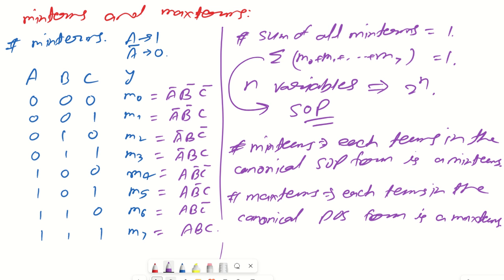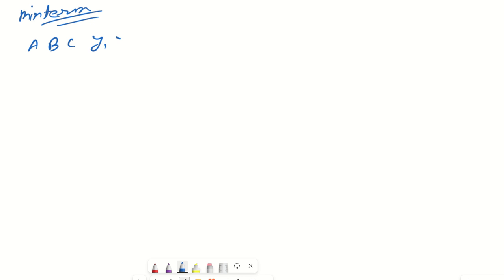Before that, we will write down the min term expressions very quickly. Let me give you an example. Let us say we have A, B, C and two expressions, y1 and y2.